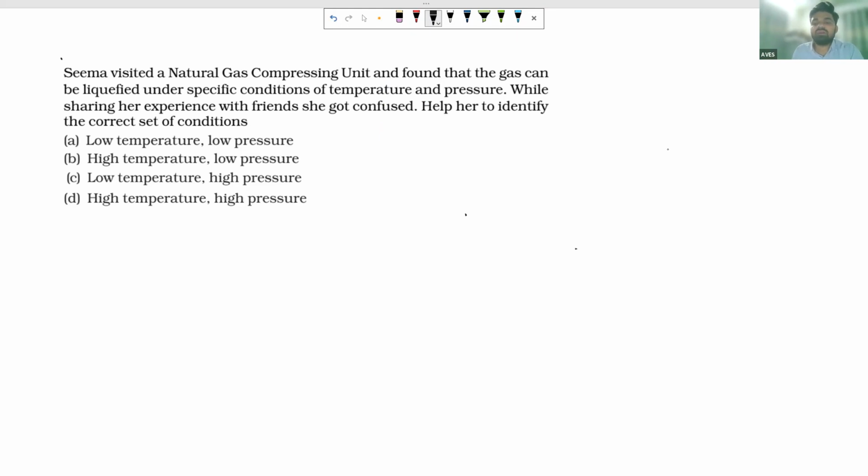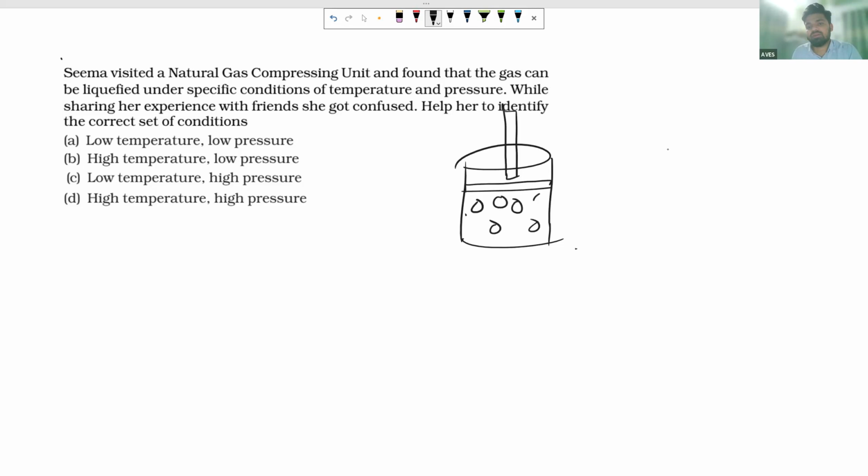The natural gas can be converted into liquid. For example, you have a gas in a chamber, and these are the gaseous particles trapped inside it. If you want to liquefy it, you have to bring these particles closer to each other. So you have to apply this piston, you have to apply pressure over it.